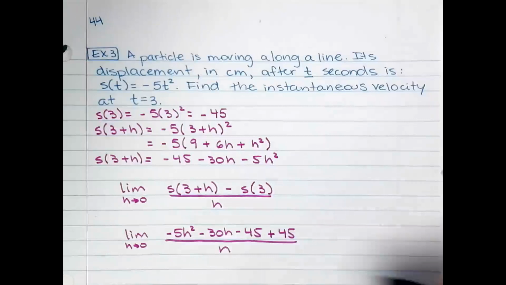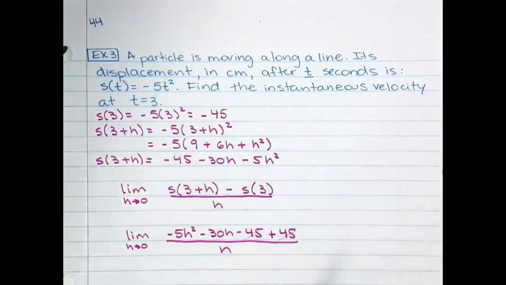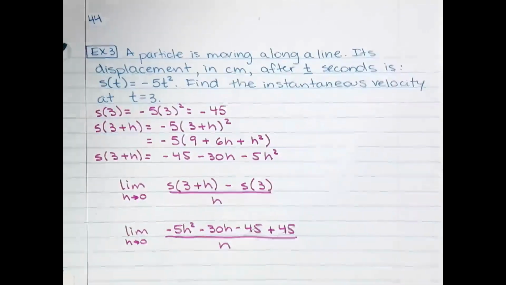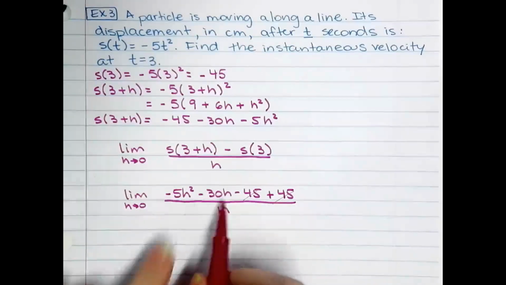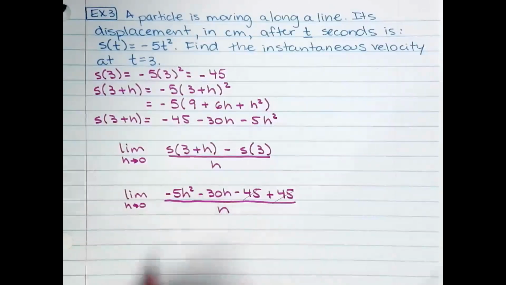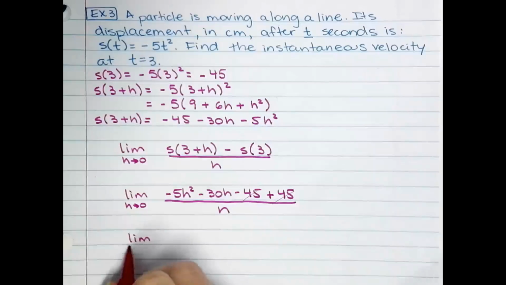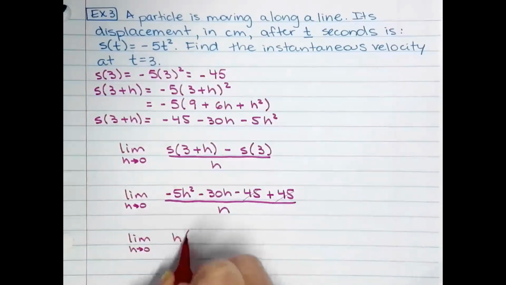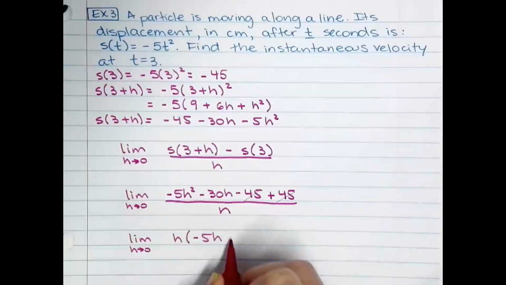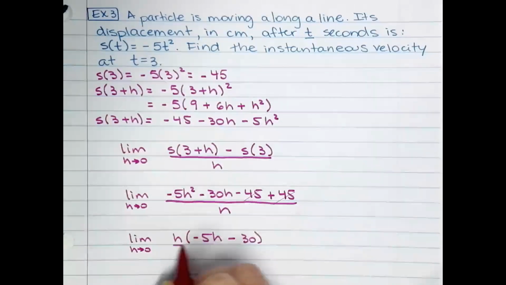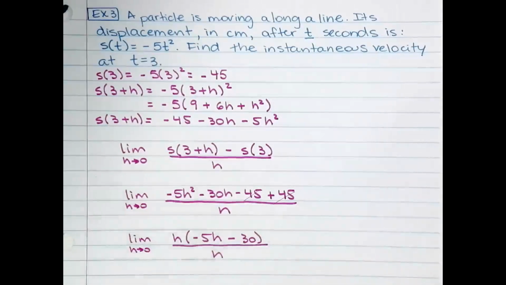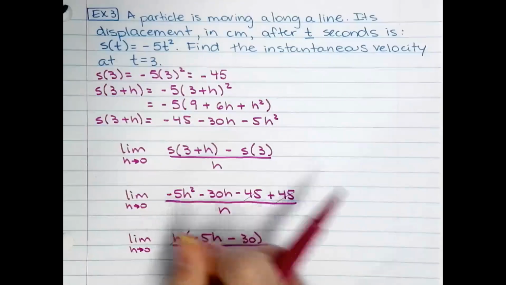Combine like terms. Negative 45 and positive 45 add up to 0. And then I'll go ahead and factor h out. Simplify h.